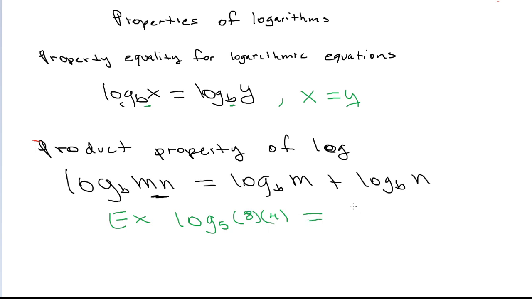So this is equal to logarithm base 5 of 8 plus logarithm base 5 of 4. We call that the product property of logarithms.